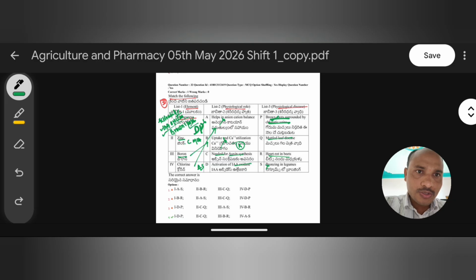Coming to zinc, it is needed for auxin synthesis, hence 2C, and its deficiency causes mottled leaf disease, hence Q. Boron helps in calcium uptake and utilization, so B, and the resulting disease is heart rot, means R, so BR. Now chlorine helps in anion and cation balance, means A, and results in bronzing in legumes, AS. Like that we have to choose. The right answer is the fourth one.